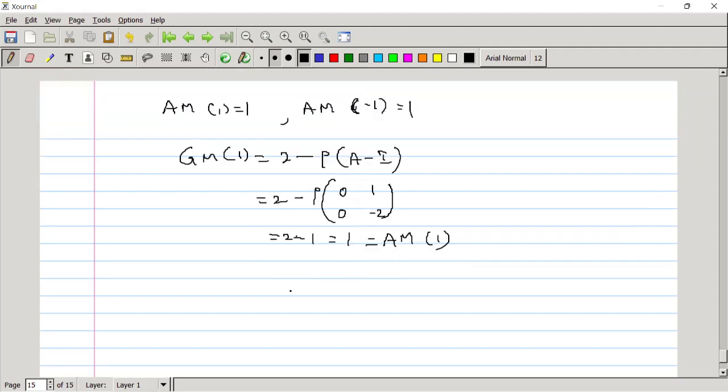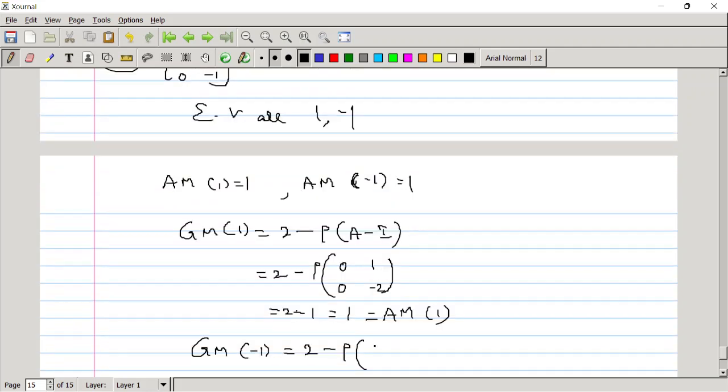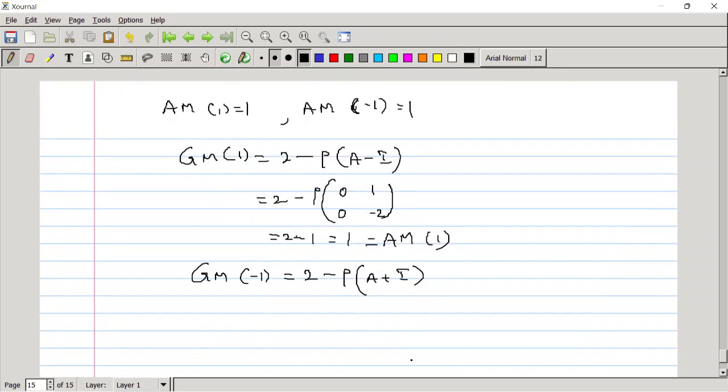So this is equal to the algebraic multiplicity of 1. We have to check the other eigenvalue also. Geometric multiplicity of minus 1 is 2 minus rank of A plus I. For the given matrix 1 1, 0 minus 1, A plus I is 2 1, 0 0.